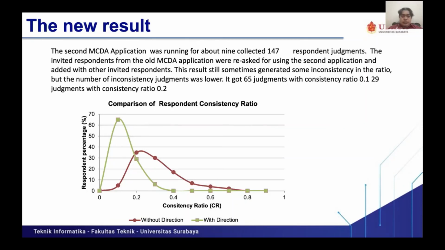This result sometimes still generates inconsistency, but with a higher number of judgments with consistency ratio below 0.1, 65 judgments.